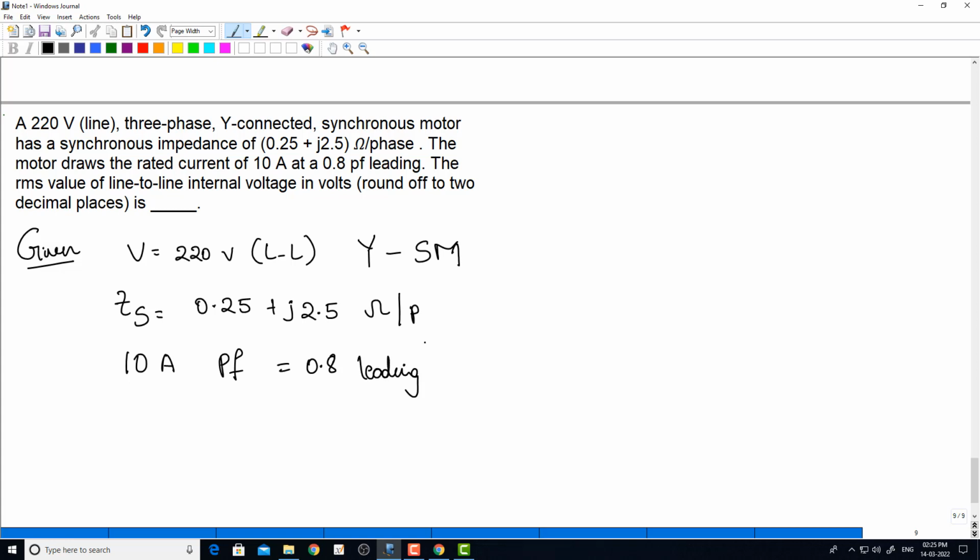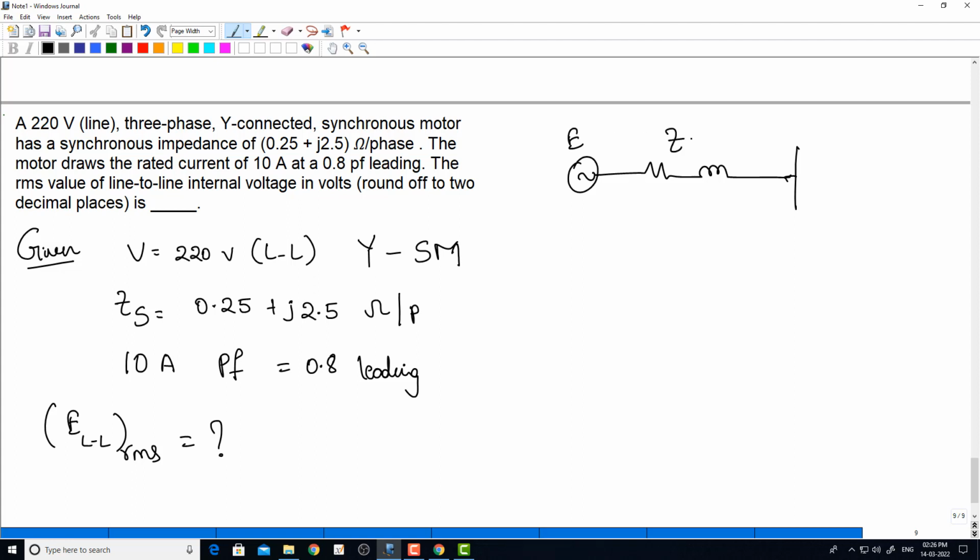So, we need to find out the RMS value of line to line internal voltage. Synchronous motor is connected to the grid through some impedance.